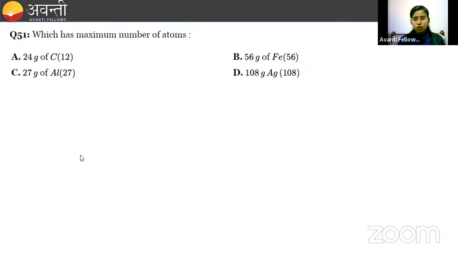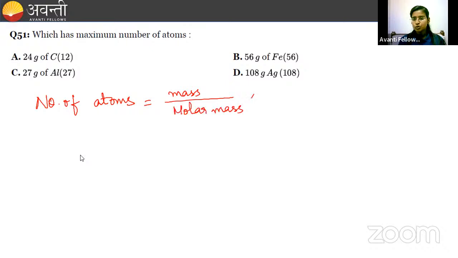To find this, we have to use the mass and molar mass concepts. Okay. So the number of atoms can be calculated using the formula: the given mass divided by the molar mass, into the Avogadro number, which is represented by Na.